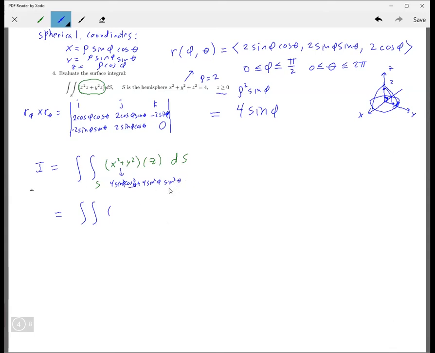Okay, so notice that these two are the same: you have cosine squared theta plus sine squared theta, and everything else is the same. So this is just going to end up being 4 sine squared phi. Okay, so that's your x squared plus y squared. Okay, now the z, what's z?